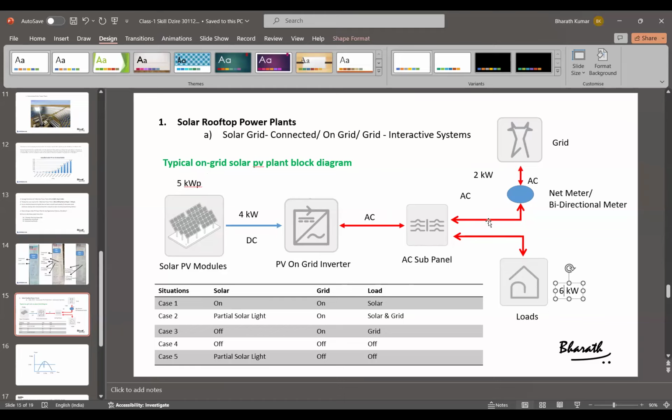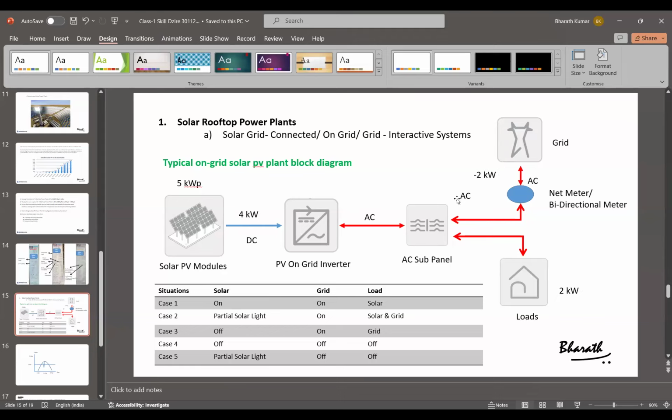Suppose your load is only 2 kilowatt and solar is still generating 4 kilowatt. Then the excess 2 kilowatt goes to grid export. Here only the current direction will change.